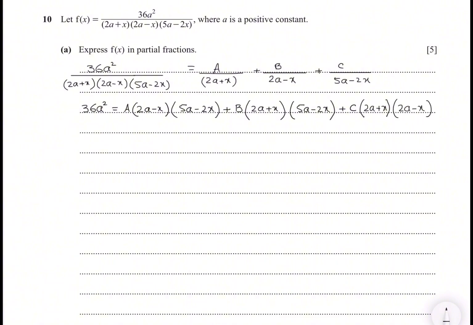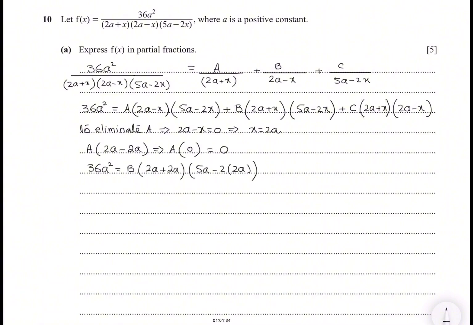So now first eliminate a by picking 2a minus x equal to 0, so x is equal to 2a. If you write 2a in x, your a would be eliminated. So b becomes this, put 2a everywhere where you see x.